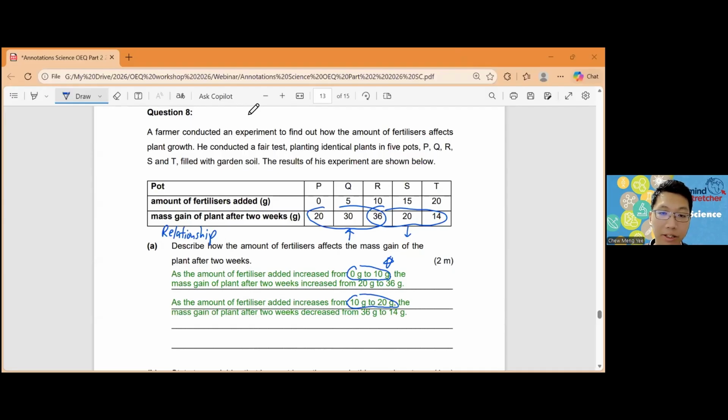Also, like I said, if we have two trends, try to use the template that starts with "as the what increases, then what happens?" Because in this way you can state the specific values.